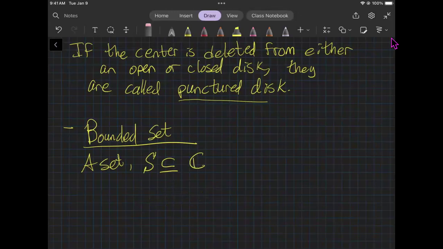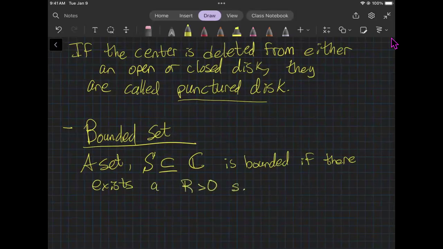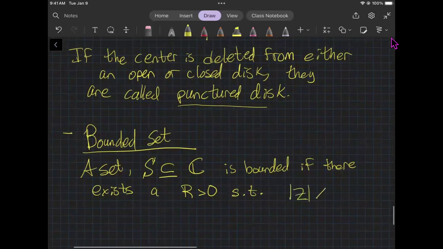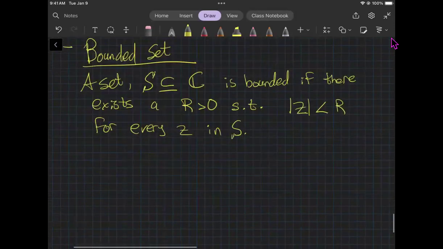So a set S that is a subset of the complex plane is bounded if there exists a real number R greater than 0, such that modulus of Z is less than R, for every Z in S. Okay.